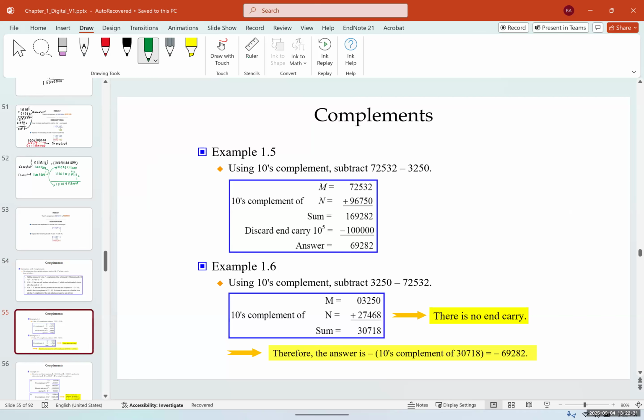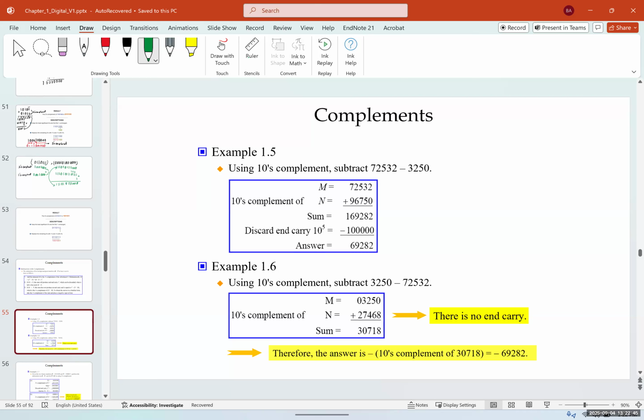Now, let's go through some examples. I think it's easier to learn with these examples. We want to use the tens complement to subtract 72,532 minus 3,250. So how many digits does the first one have? 5.